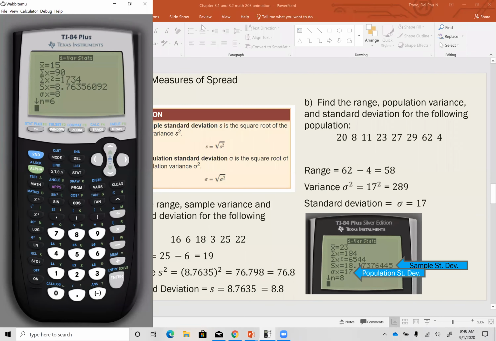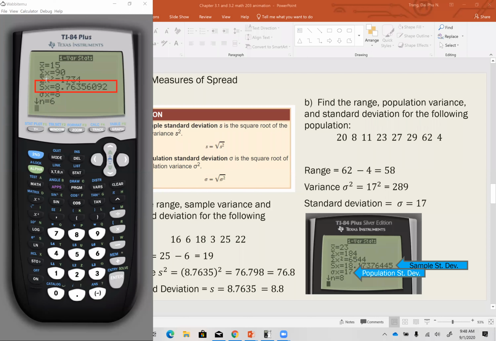So we have to use the sample standard deviation to find the sample variance. This is your sample, which is your S. Your S is your sample, and your sigma is your population. This problem over here, they ask you for the sample. This problem over here, they ask you for the population.